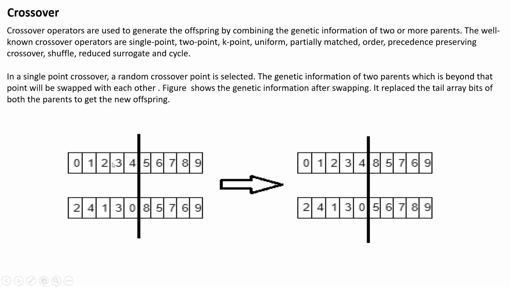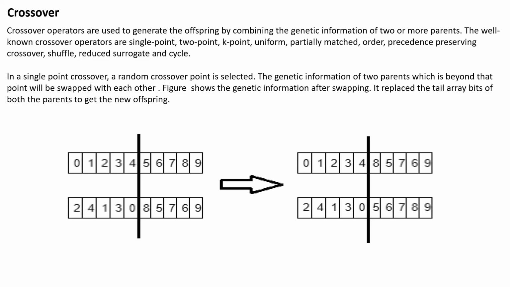So the top chromosome has the first part from itself, but the second part is from the other chromosome. Same is the case with the other one. So first part of itself, second part of the other chromosome. You can imagine this single point of crossover as the point from where you are cutting the DNA, or here from where you are separating the solutions.